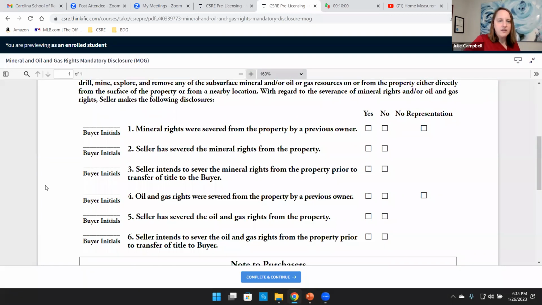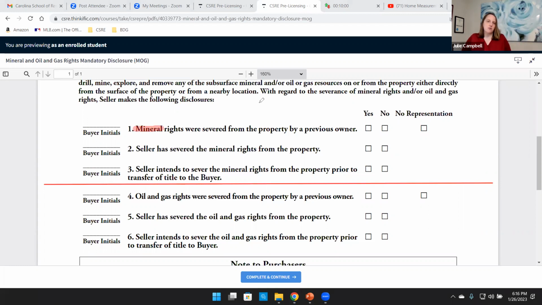And the easiest way to see this is to take this portion and divide it in 2. So the top half is asking the seller various questions about the mineral rights. Were the mineral rights severed by the previous owner? In which case the seller says yes, no, or no representation.